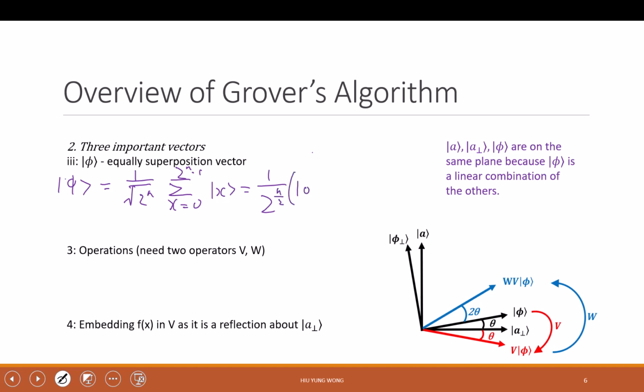I just repeat 0 plus 1 plus 2 plus all the way to 2 to the power n minus 1. If you compare this with A perpendicular, what's the difference between this vector and A perpendicular?